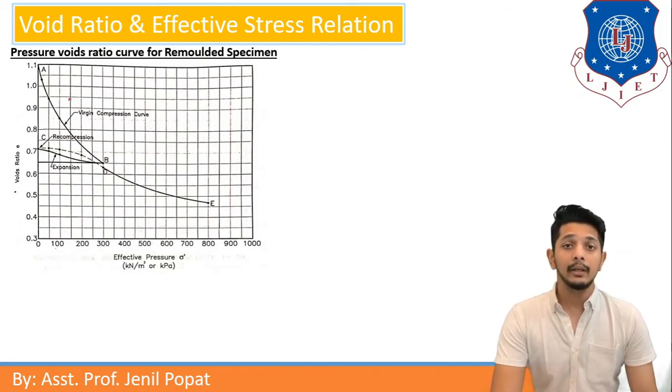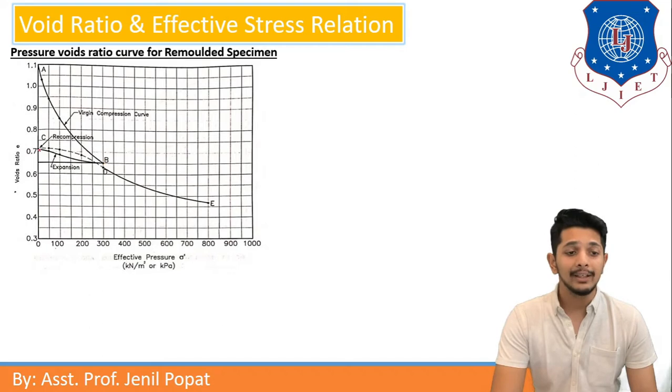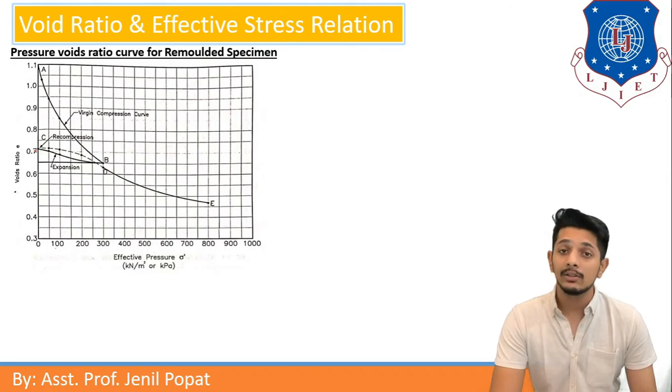Now if the loading is stopped, then the graph will move from B to point C. The void ratio will move from B to C. It will not regain its original position due to some permanent changes in the soil structure. Here the BC curve is known as the expansion curve.